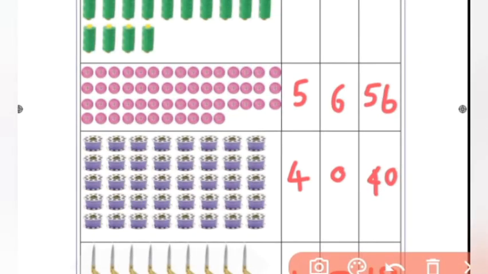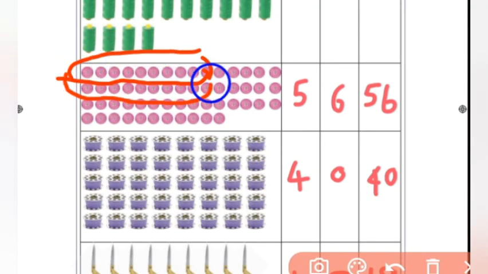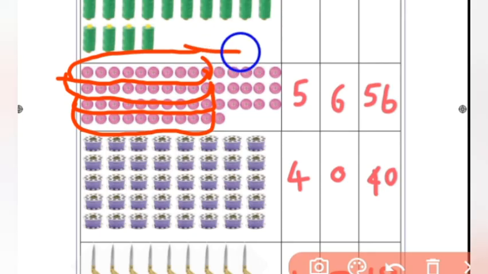So we have to make a group of 10. Again we have to make a group of 10. Again we have to make a group of 10. So again we have to make a group of 10. So here you have to 4 plus 3, 7 plus 3.